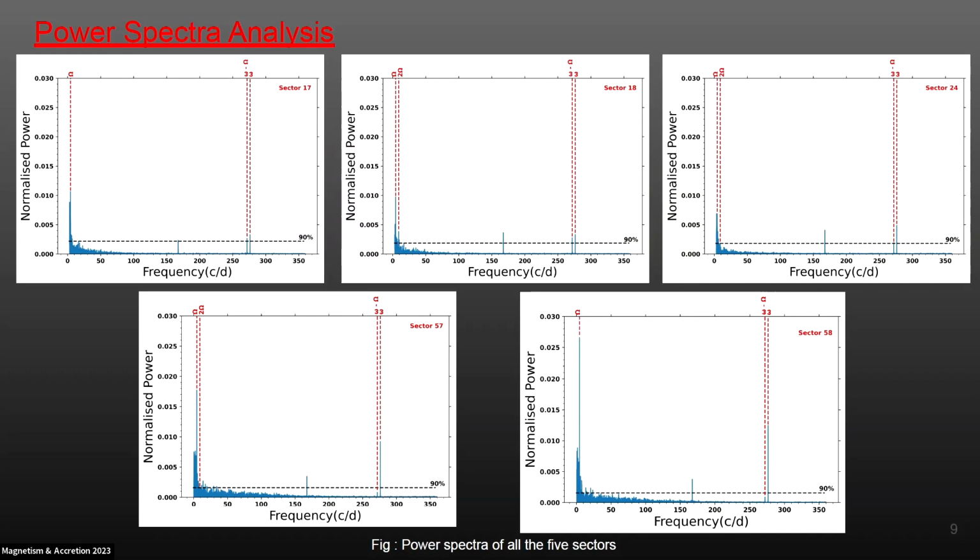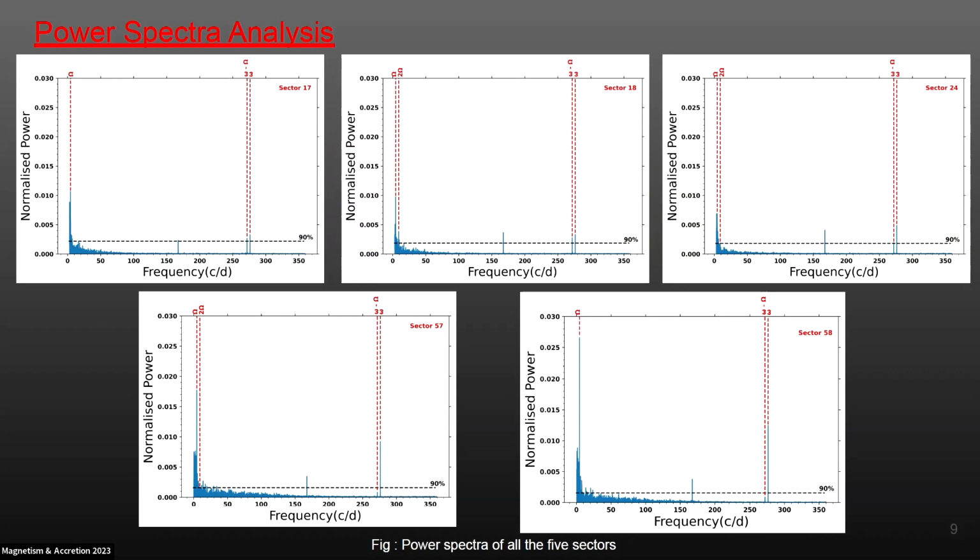Next, we have done the power spectra analysis. At the moment when we started the project, we had data of only sectors 17, 18, and 24. In these sectors, the frequencies we obtained are marked by the dashed red vertical lines. We get the orbital, spin, and beat frequency in all 3 sectors.